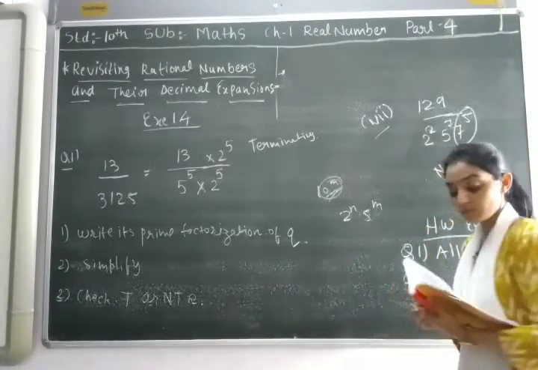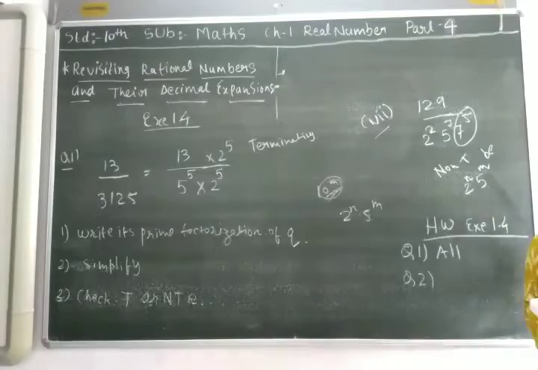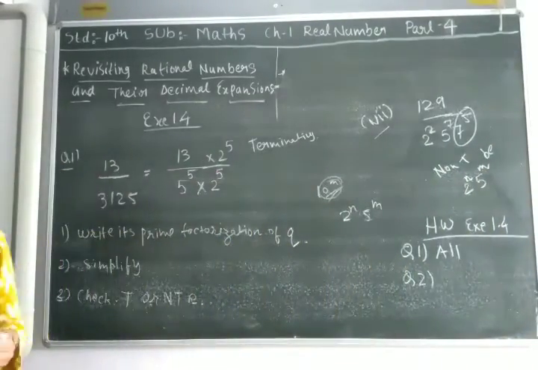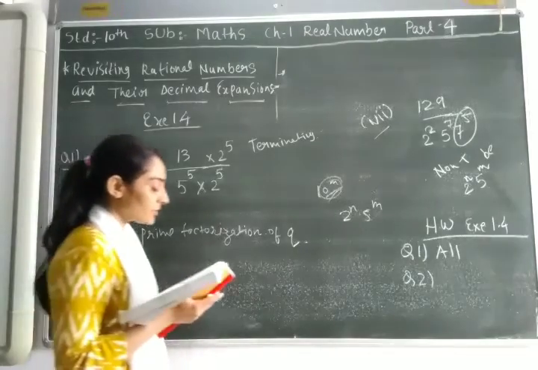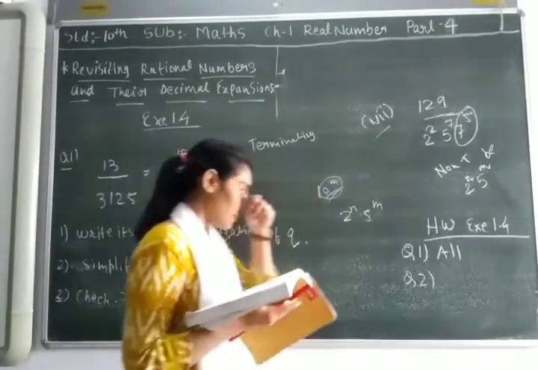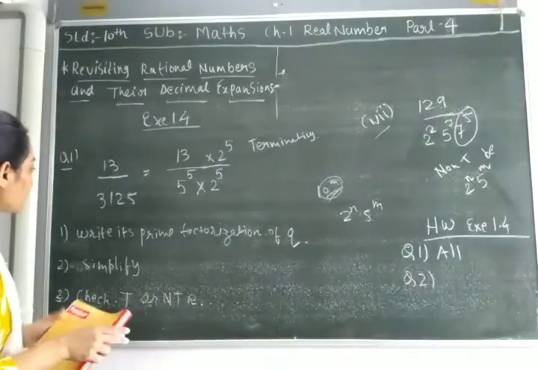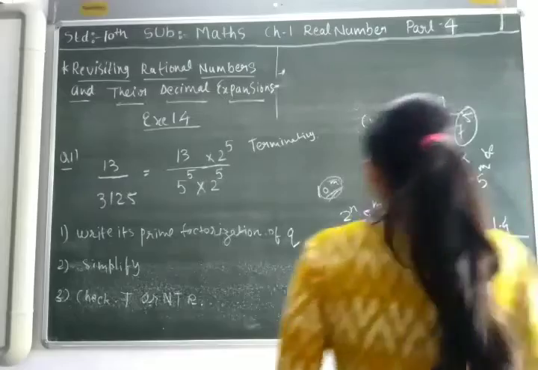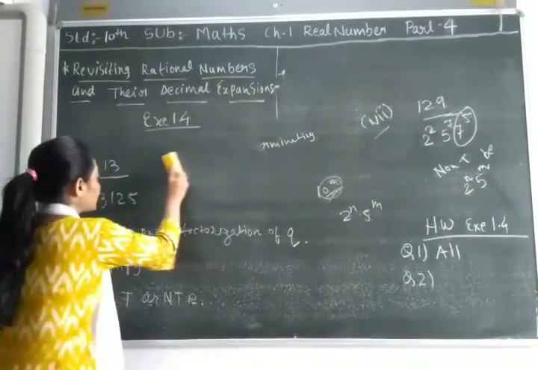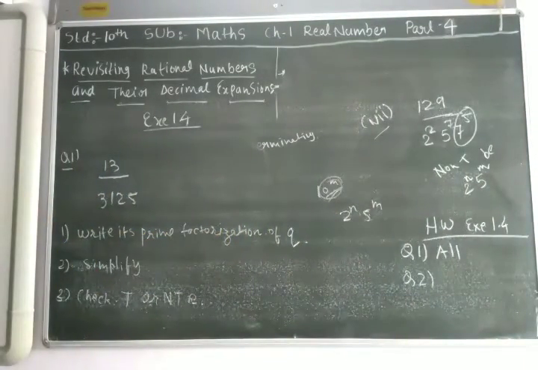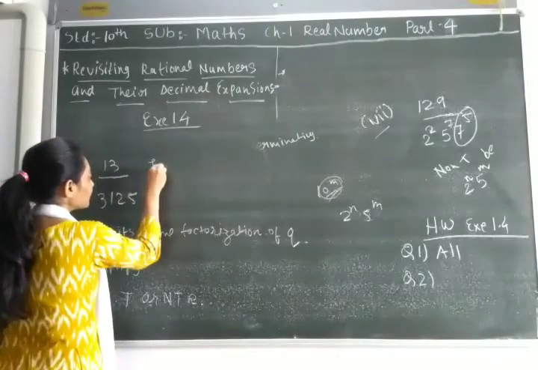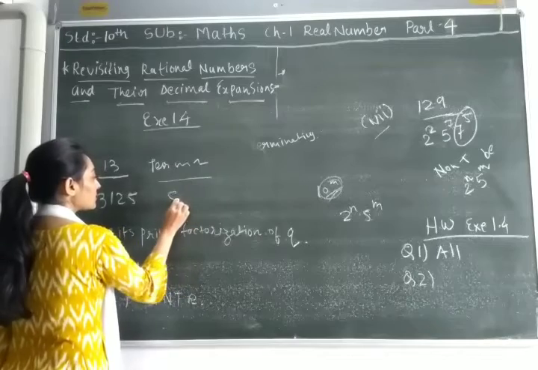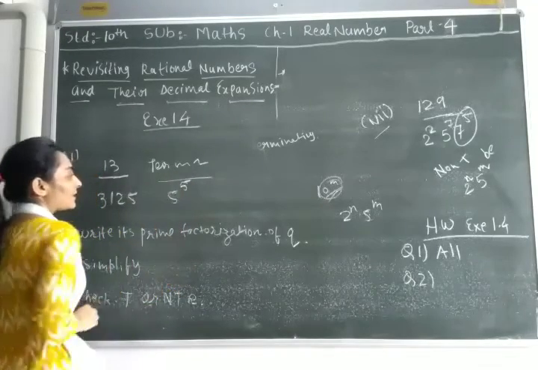Question number 2. Write down the decimal expansion of those rational numbers in question number 1 and above which have terminating decimal expansion. In the first question we just wrote directly whether it is terminating or non-terminating, after doing the prime factorization.